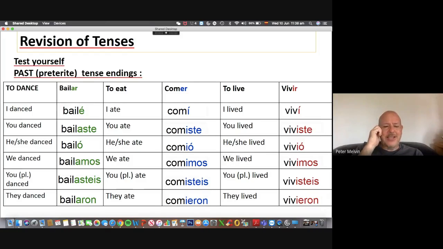Now that bailasteis, I don't want to limit your ambition, but knowing that is something that you might struggle to remember, especially with the amount of different vowels in there. So just have a look at perhaps the first, second, third form and the we form. Notice the endings there, always the same.